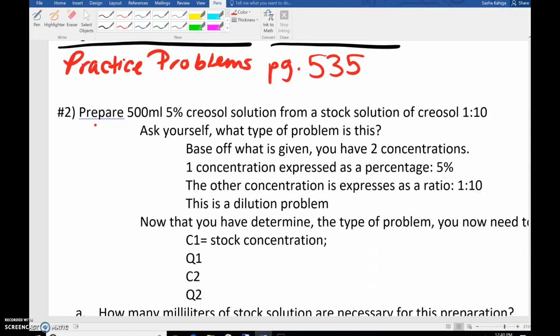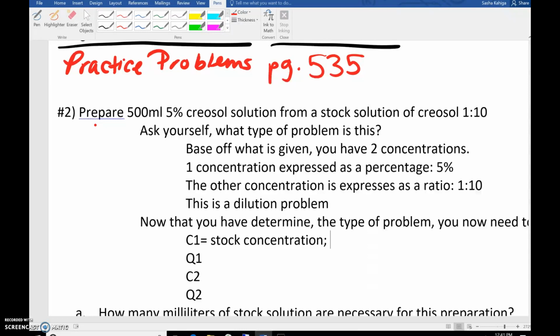So if you look at the problem, read the problem again. It says prepare 500 milliliters, 5%. Well, let's stop there. Whatever you're preparing is your desired. Anything else will be your stock. So it says to prepare 500 milliliters, 5% solution from a stock solution of 1 to 10. Remember, your C1 is your stock concentration.